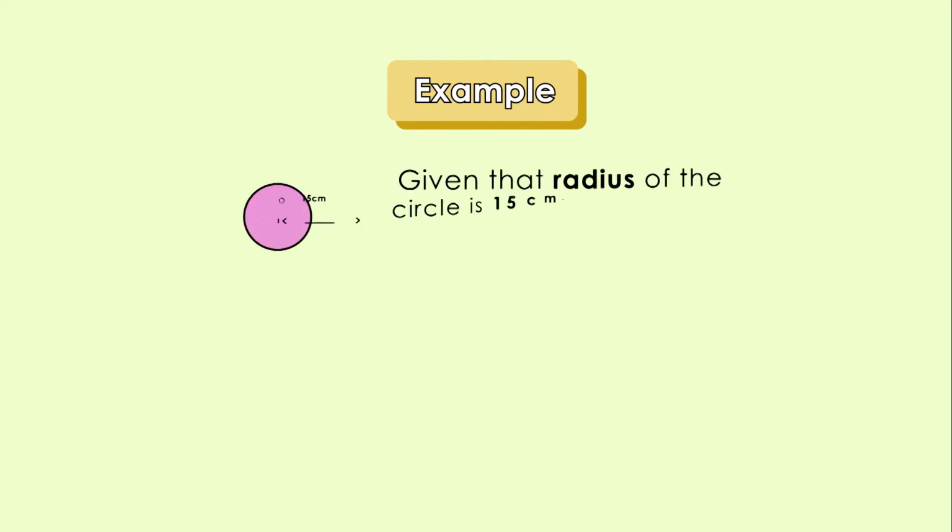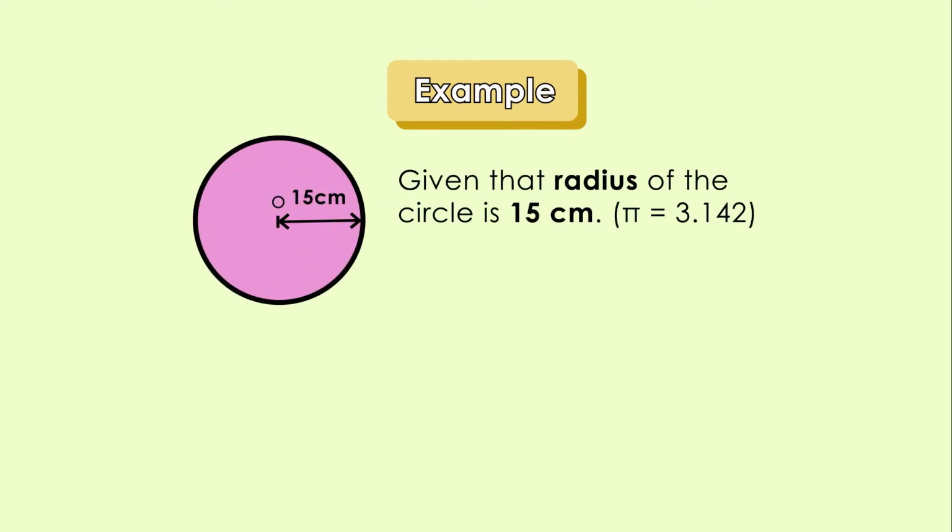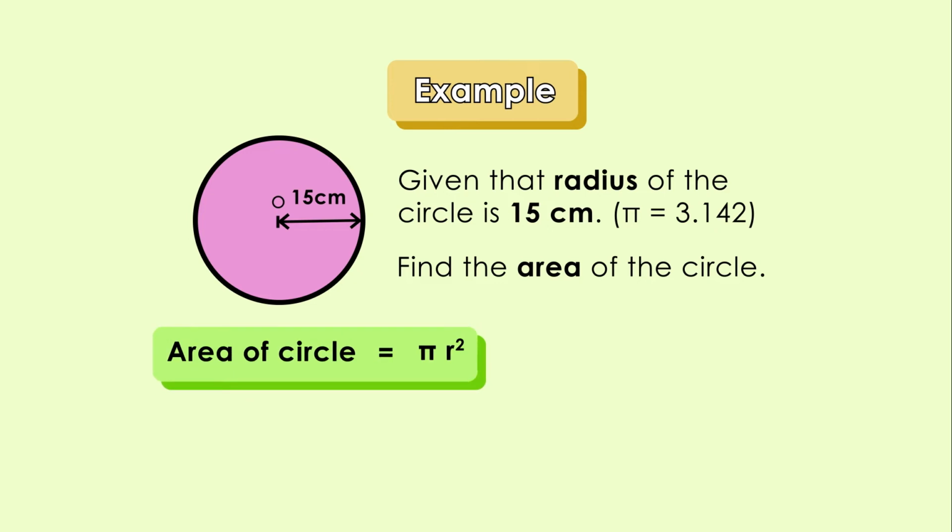Let's start with a simple example. Given that the radius of the circle is 15 cm, find the area of the circle. First, write out the formula for the area of a circle. The formula for the area of a circle is pi r squared.